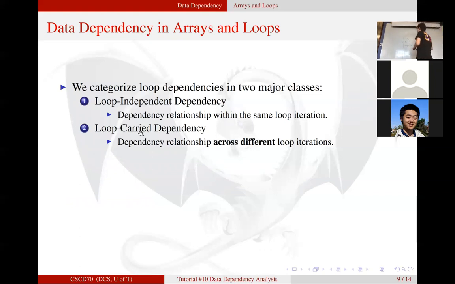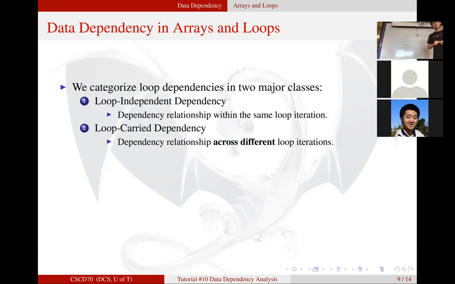Now that we have covered four basic data dependency types, it's time to move beyond simple programs to consider data dependencies in the context of arrays and loops. We categorized loop dependencies into two subcategories.